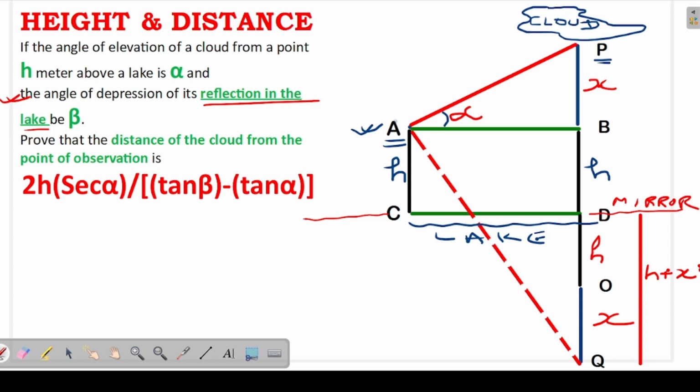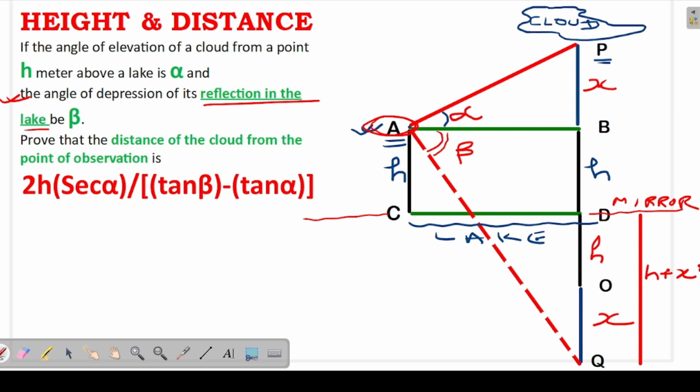So the point A is the point of observation, right? So the angle of depression of the image of that cloud, which will be Q, will be formed here as beta, right?